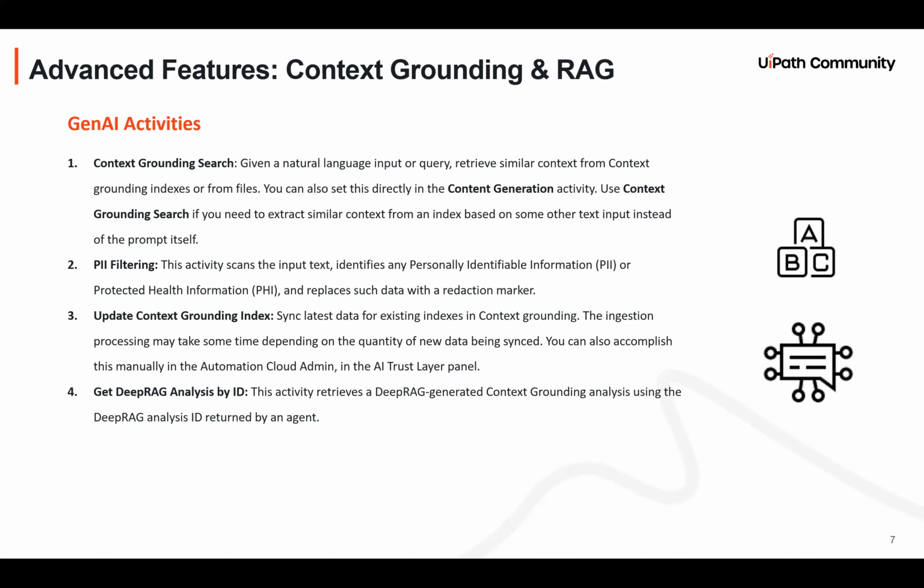To avoid our personal data or health information being passed to the LLM, UiPath provides this PII filtering activity. It scans the input text, identifies PII and PHI data, and replaces it with a redaction marker, like random data.